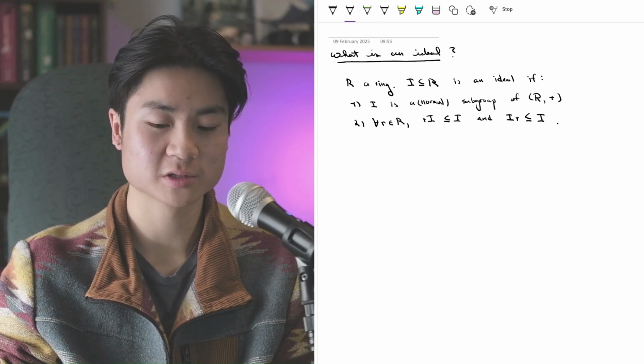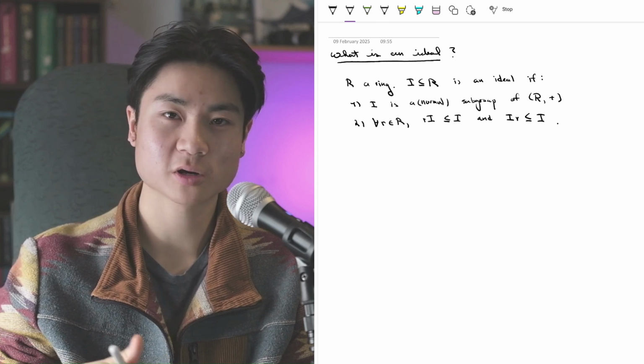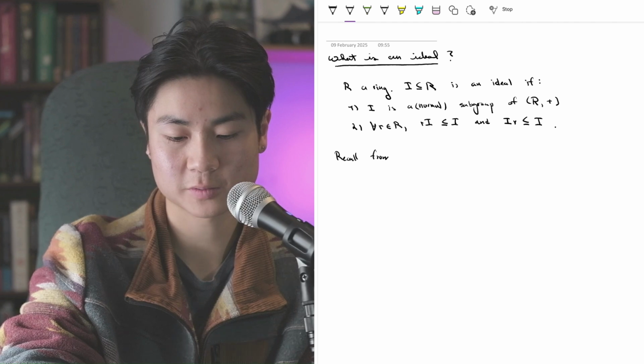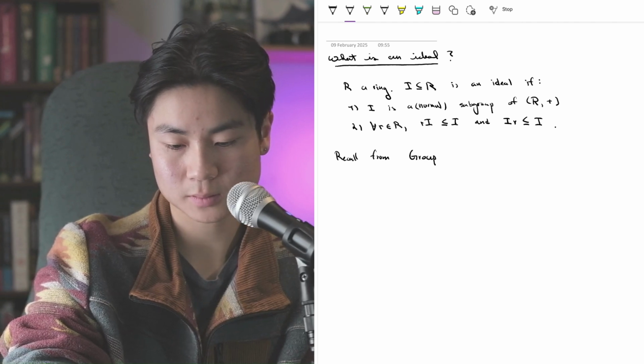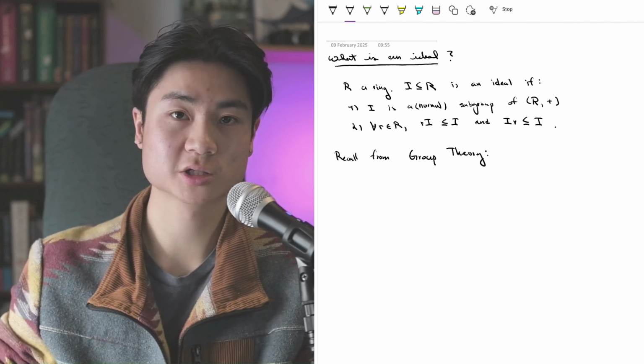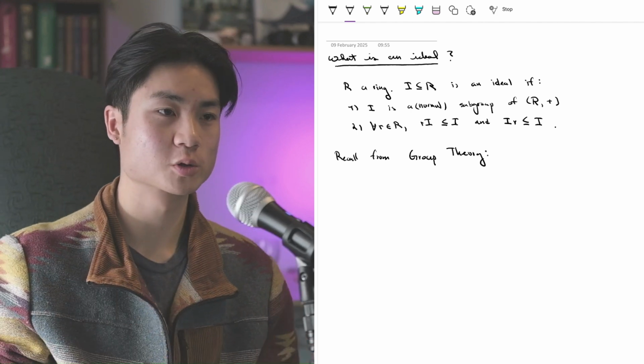The first one comes from, well, let's recall back from our group theory class. Recall from group theory that we can construct what is called the quotient group.